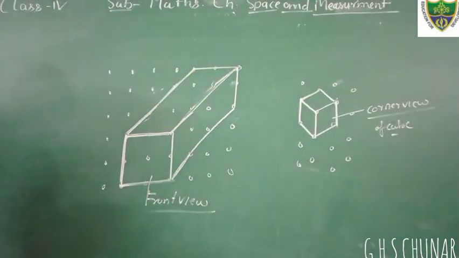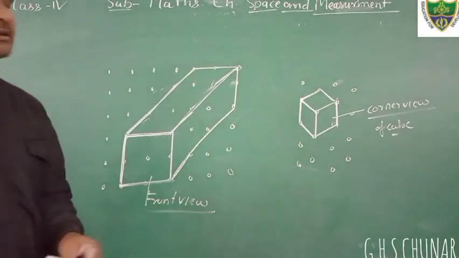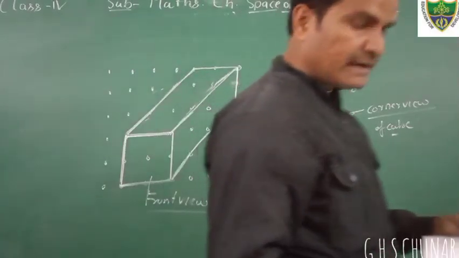Draw a corner view of the cube size 2 cm. You will solve. Draw a front view of the centimeter cube. Draw a corner view of a cuboid with a square base side 1 cm, length 3 cm. You can solve the exercise 9D.